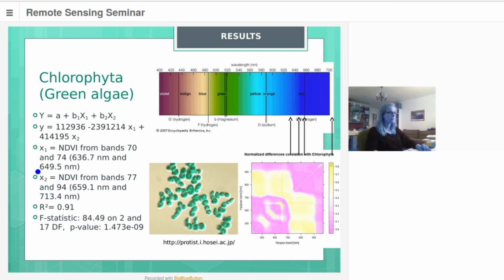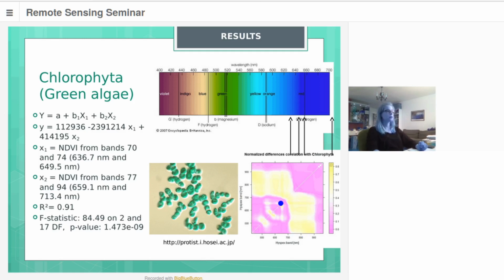636, 649, 659, and 713 with R squared 0.91. And the graph illustrates the different wavelengths which were correlating.